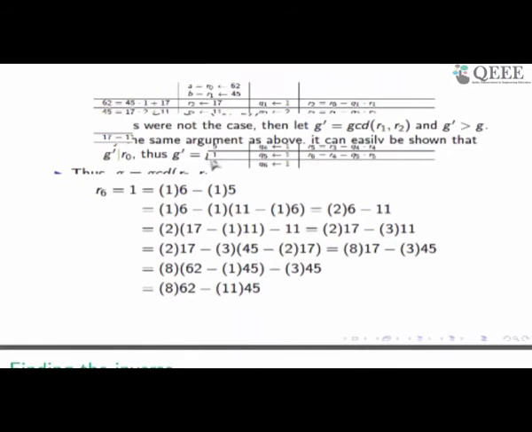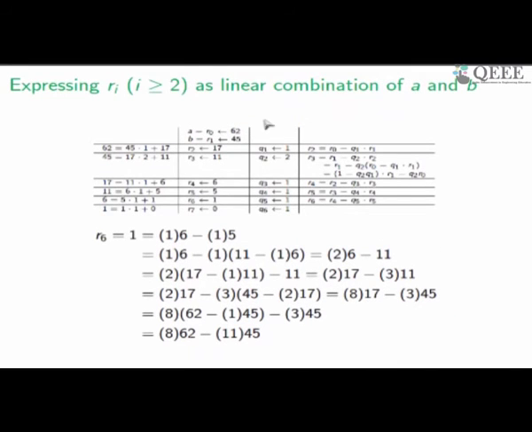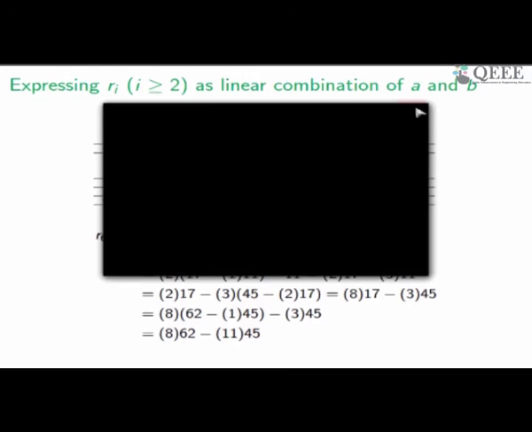Okay, so we have just the same table over here which has just become small. And if you just look at these two lines, you can see that R6, which is the GCD, equal to 1, can be represented from this equation as 6 into 1 minus 5 into 1, by subtracting 5 into 1 on both sides.